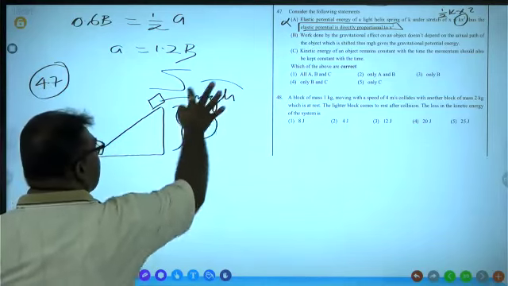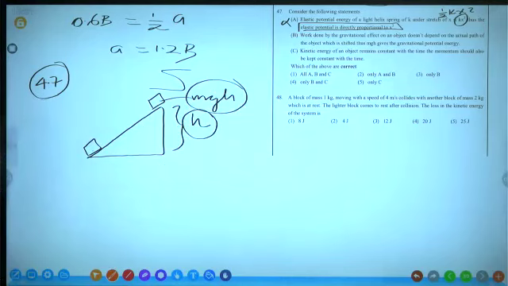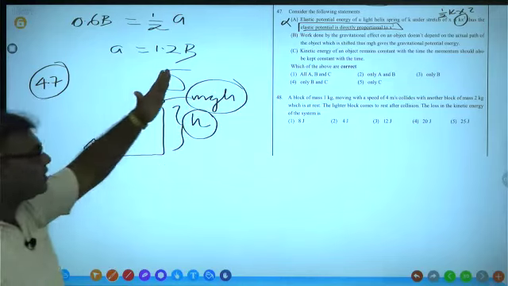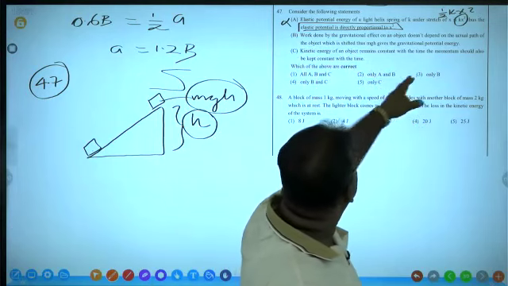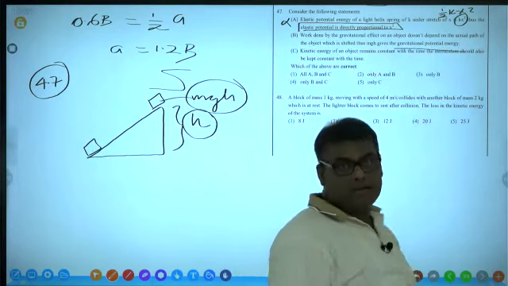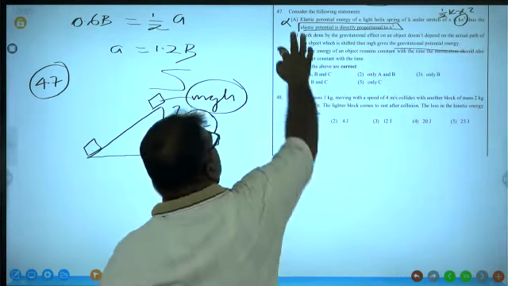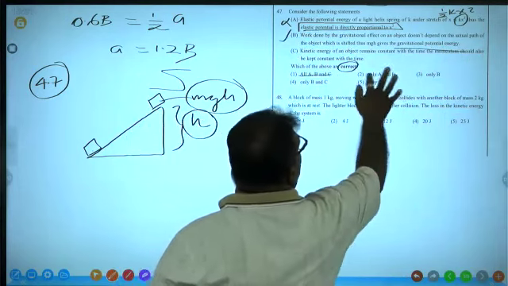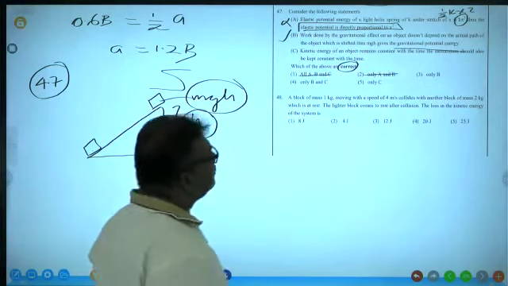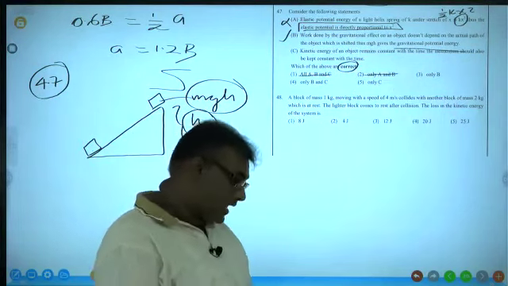So mgh is based on the vertical height. Whatever path it takes, the vertical height is what you substitute when finding potential energy. Then statement B is correct. A is wrong. We have to check C. Next.